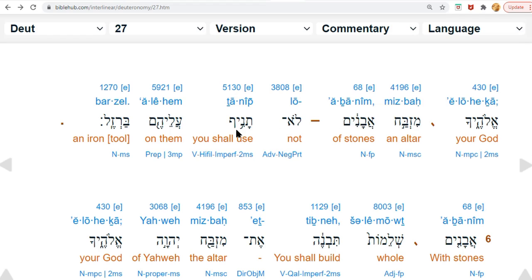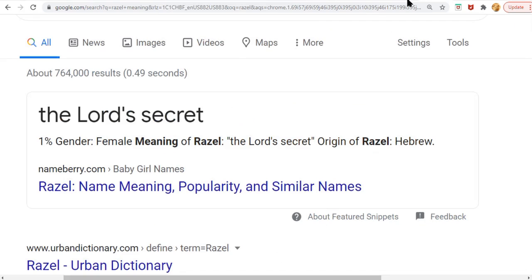Lapin, the lapin to nipple, TNIPOL, lapin to nipple lies in Razzel. In Razzel is the Lord's secret.